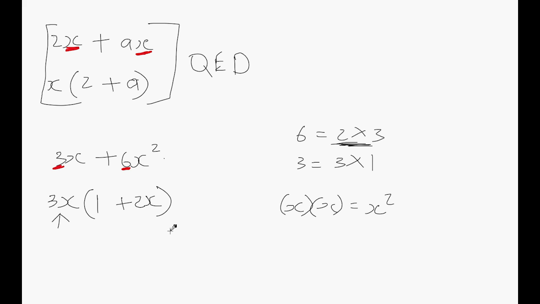So 3x times 2x gives you 6x squared, and we can write that down to verify. 3x times 2x, right?